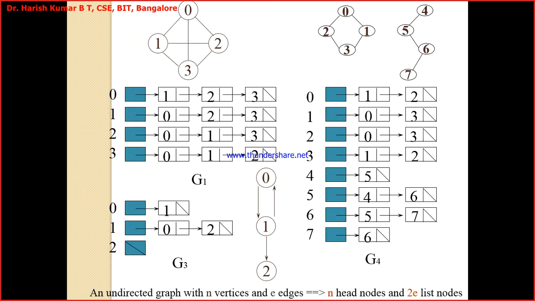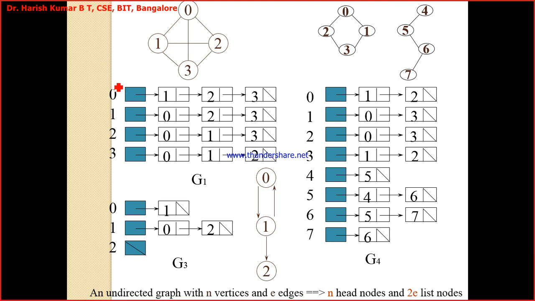Okay. Now here is the example of how to represent a graph using an adjacency list. Say this is a list now, which was earlier in the form of a matrix, and now it is in the form of an adjacency list.